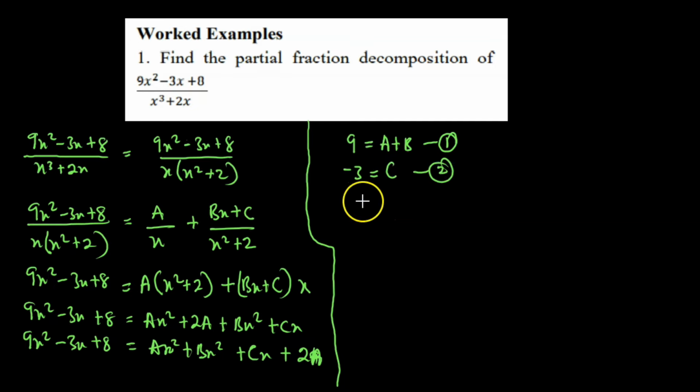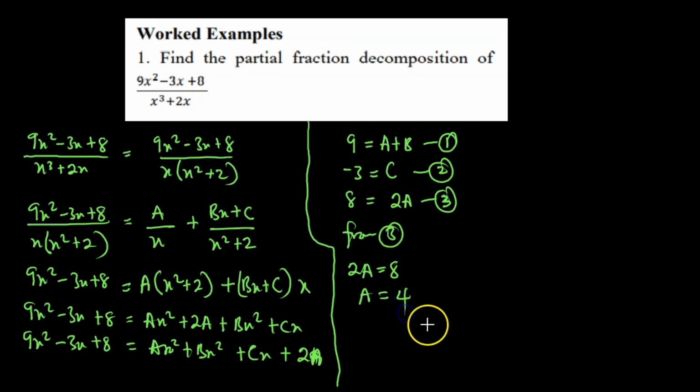And then considering the constant, 8 on the left hand side will be equivalent to 2a on the right hand side. That's equation 3. So from equation 3, solving for a, 2a is equal to 8, and therefore a will be equal to the value 4.